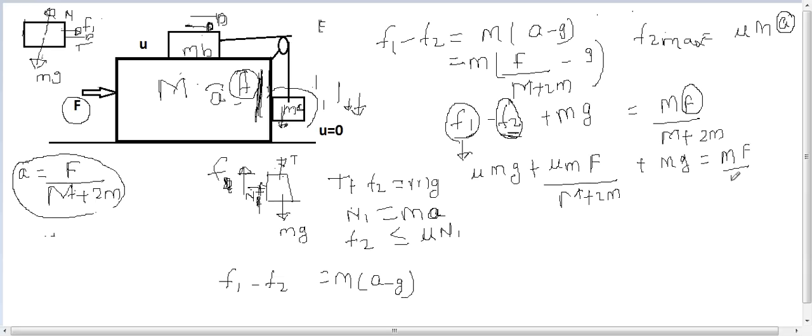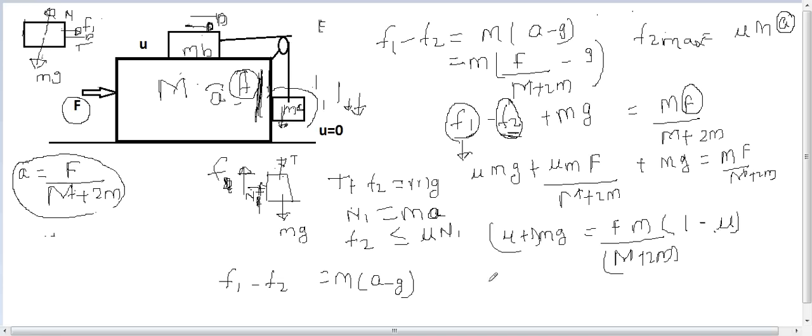If we look at this carefully, what do we get? Mu plus 1 mg, and this should be equal to, if I take f as common, what I get is M divided by m plus 2m, into 1 minus mu.